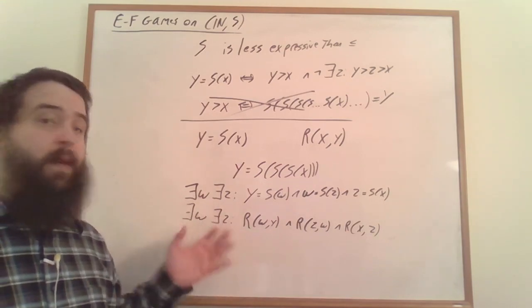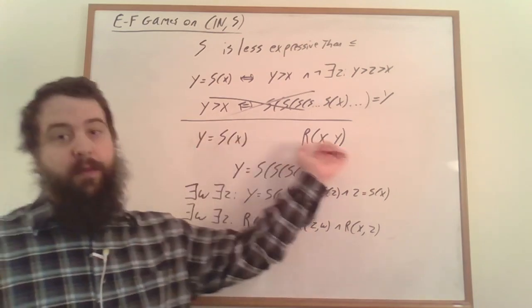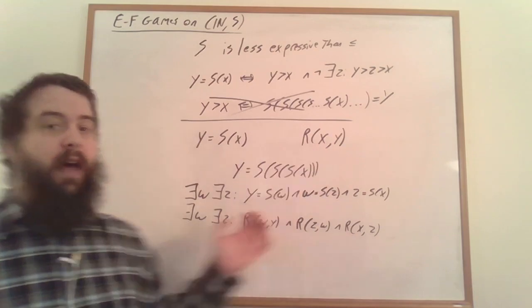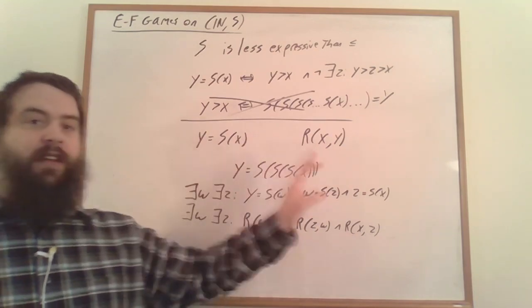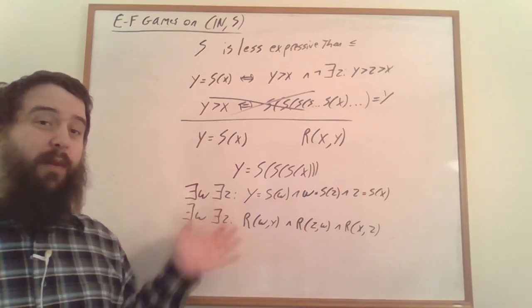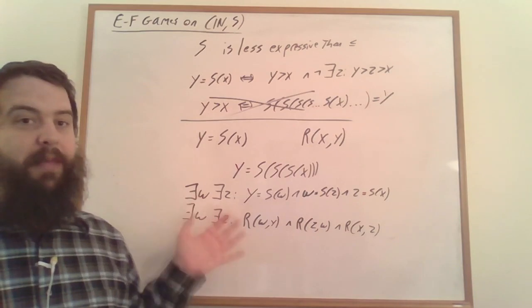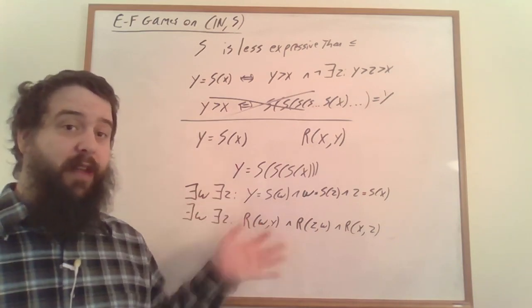So even though we can translate freely back and forth between the successor structure and the relationalized version, that translation does not preserve quantifier depth. And so if we want to reason about quantifier depth, then we need to do something else. And I'll talk about that something else later on in the video.